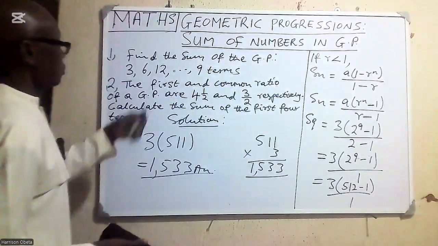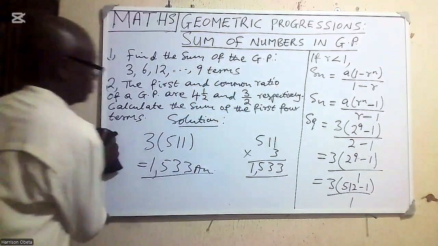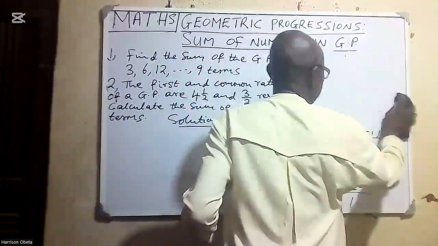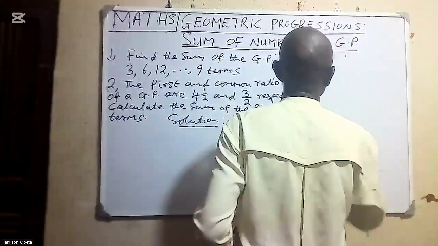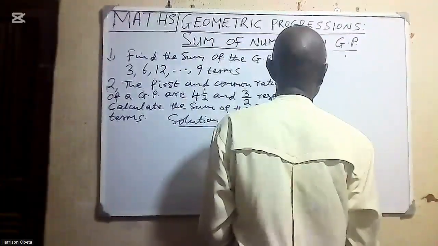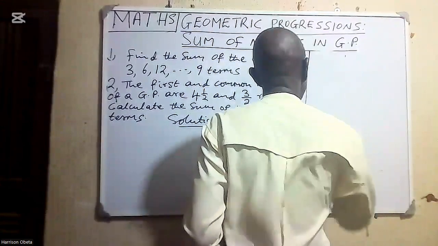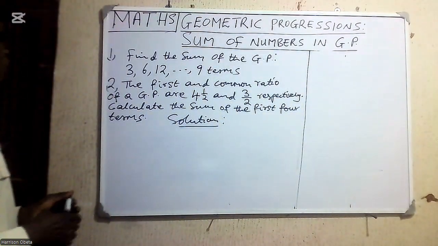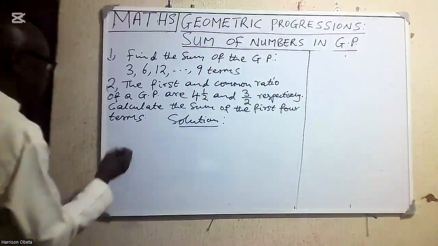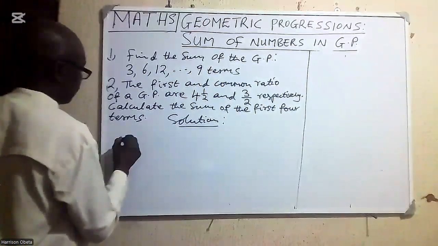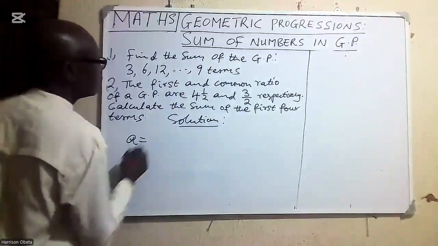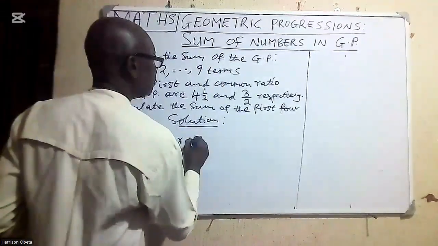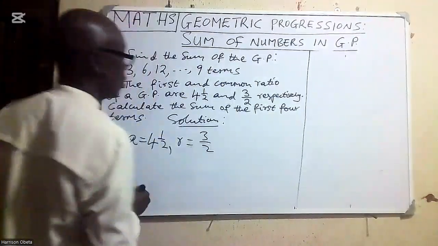And number 2, we have seen the question. The first term and common ratio of a GP, and that means the first term A should be 4.5, while R is 3/2.